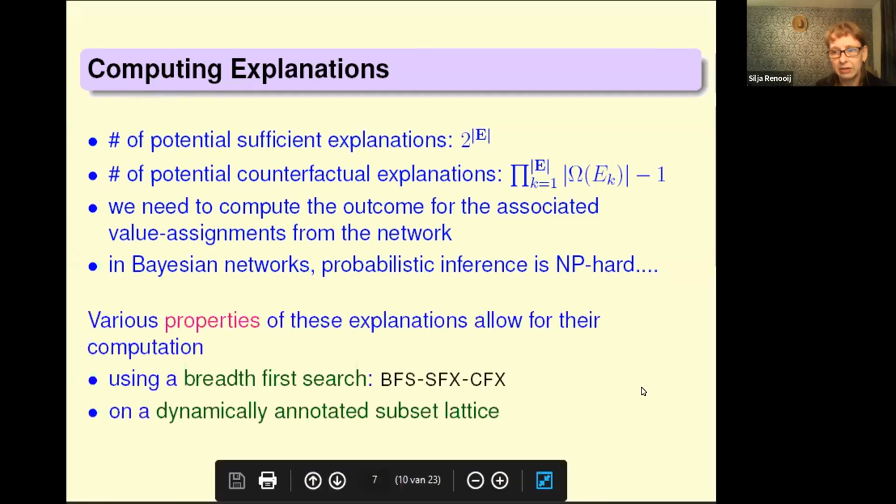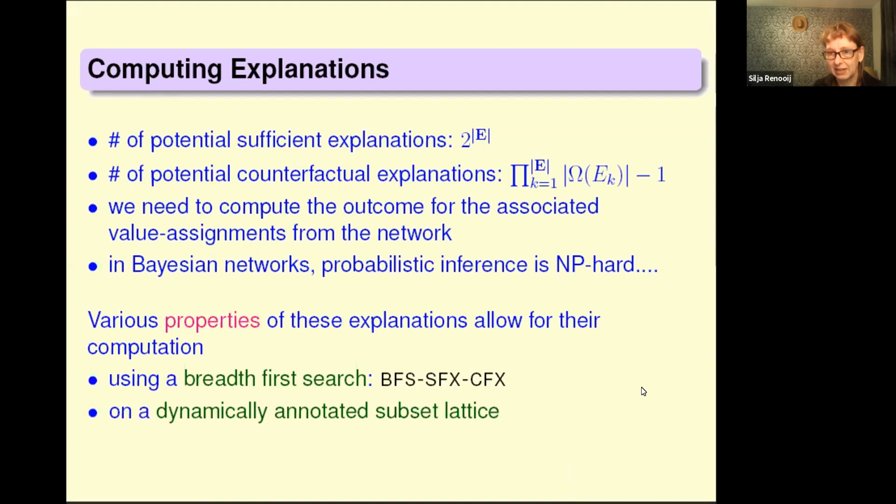So we thought, okay, let's see if we can find an algorithm that does that more efficiently, hopefully, than the worst case scenario. We looked at various properties, and these are in the original XLoKR paper, that allow us to compute that using a combination of breadth first search, which we now call the BFS, for sufficient explanations and counterfactual explanations.